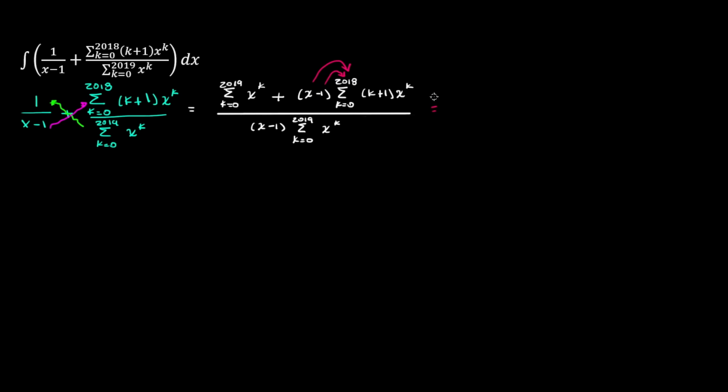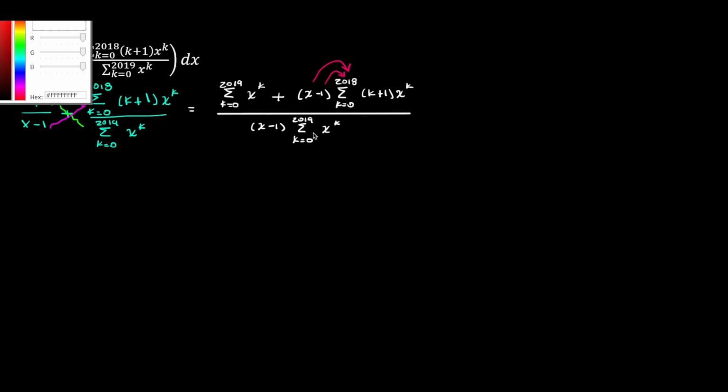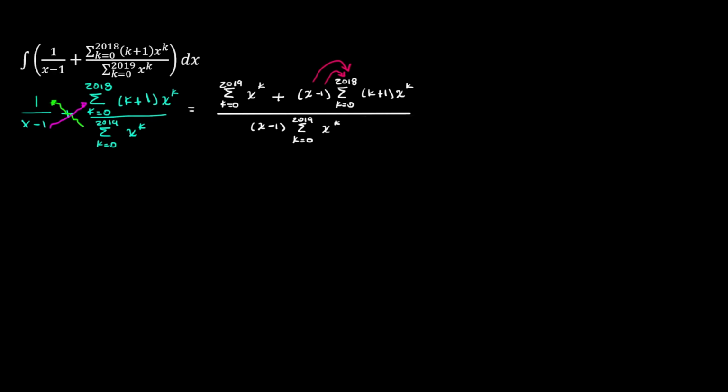So we get summation from k equals 0 to 2019 of x to the k plus, if we multiply x, we have x times summation from k equals 0 to 2018 of k plus 1 times x to the k power.